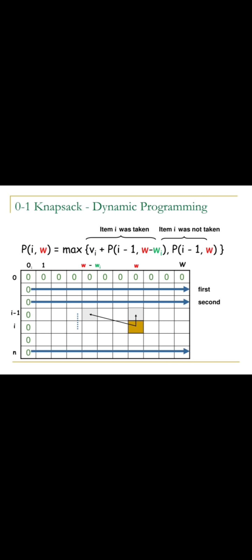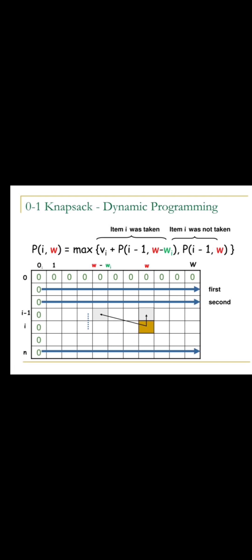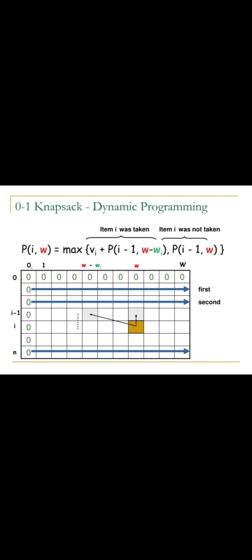Knapsack dynamic programming. P(i, W) equals the maximum of vi plus P(i-1, W-wi), and P(i-1, W). Reconstructing the optimal solution: start at P(n, W). When you go left up, item i has been taken.